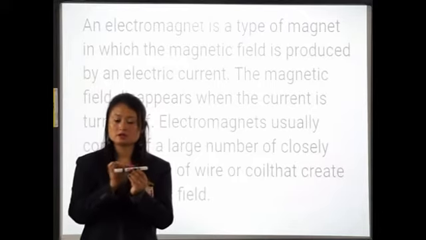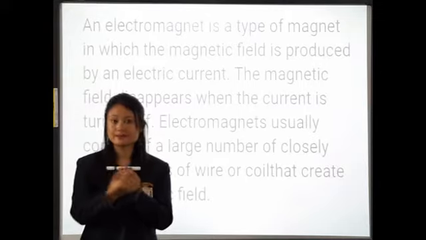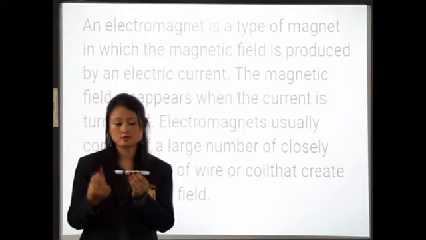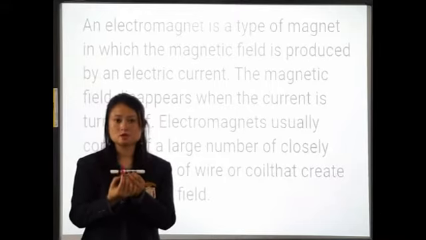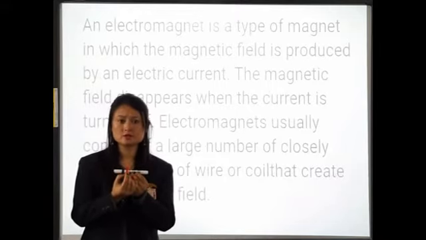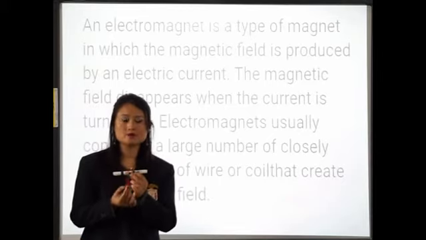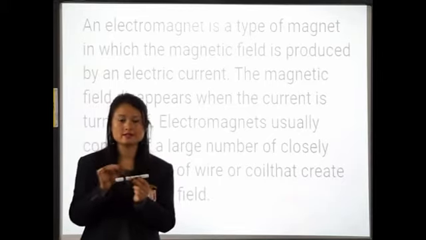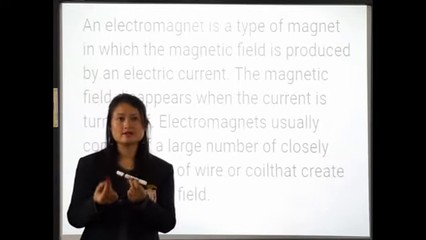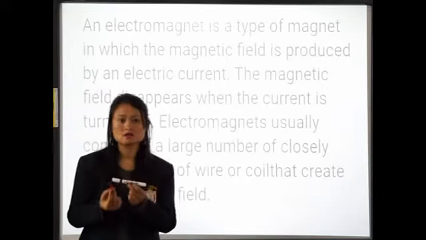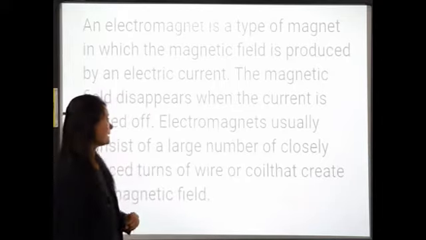So not only is current flowing through it, but a magnetic property also exists. So when you bring it closer, you see that there will be a little bit of attraction. Depending upon the strength of the magnetic field, we can say how strong or how weak the attraction can be.